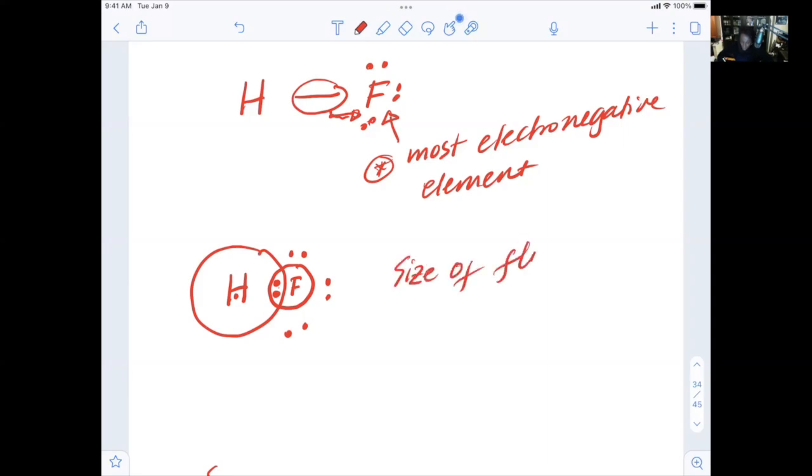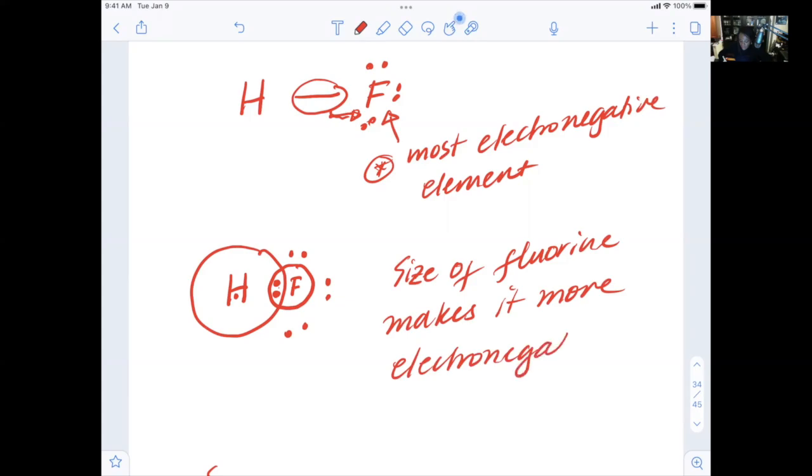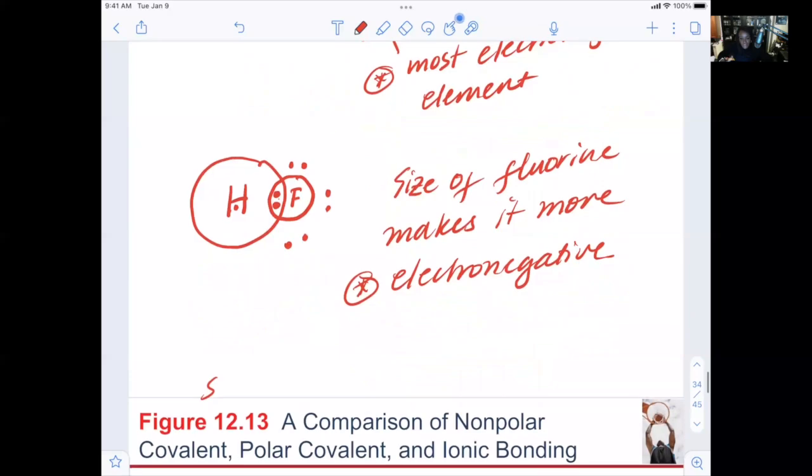So some people say the size of fluorine makes it more electronegative. And I know I haven't defined this in this context yet, okay? So let me go ahead and define it, just to get it out of the way. What is electronegativity? What does this word mean? I remember learning this thinking, how rude.